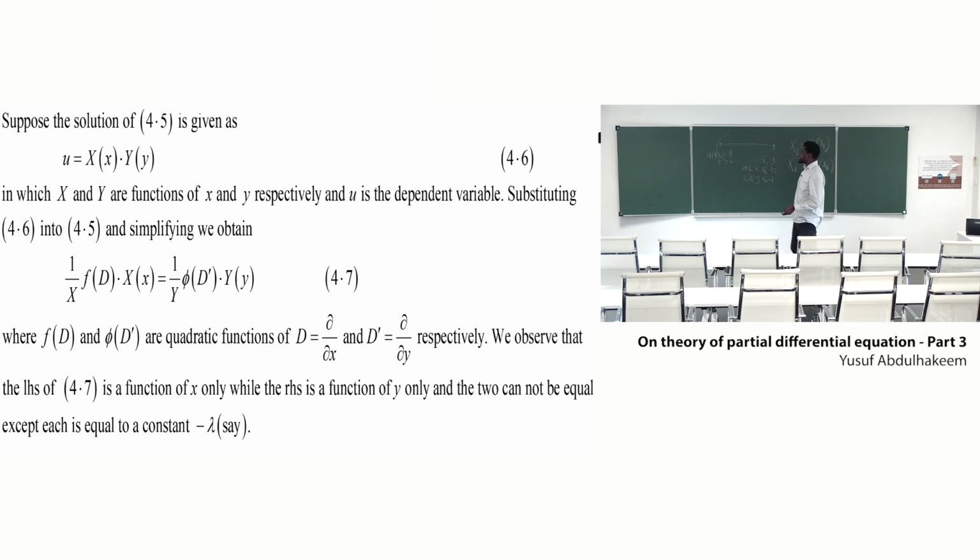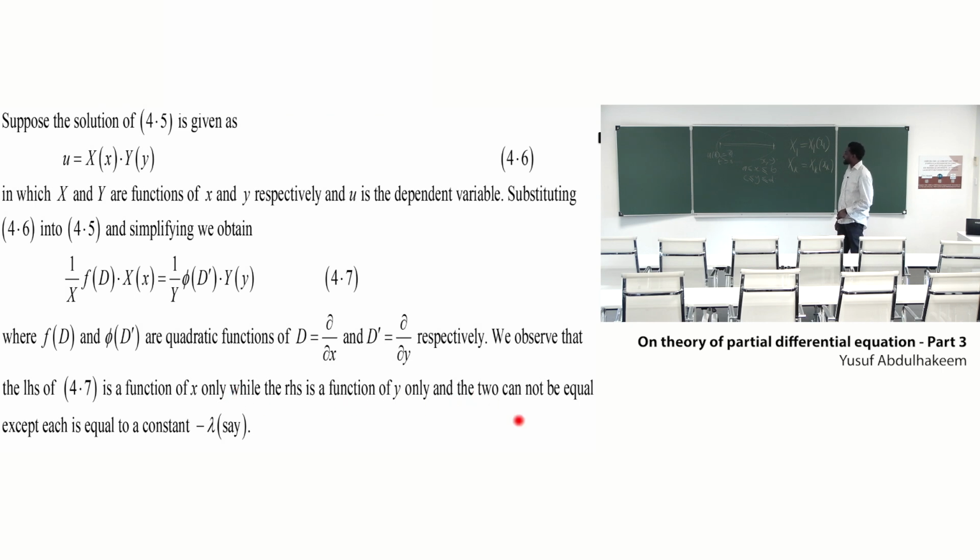Then substituting 4.6 into 4.5 and simplifying, we obtain what we have here, which is 4.7, where f of D and phi of D prime are quadratic functions of D. Of course, we know that D here is d/dx and D prime is d/dy respectively. So we observe that the left-hand side of 4.7 is a function of x only, while the right-hand side is a function of y only.